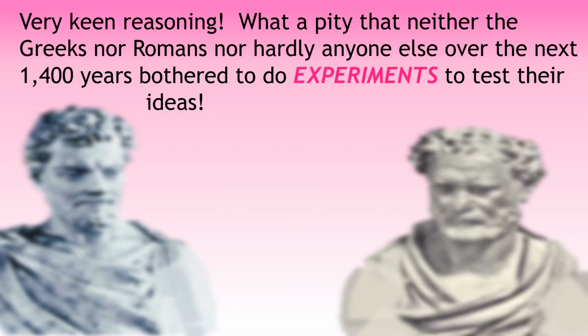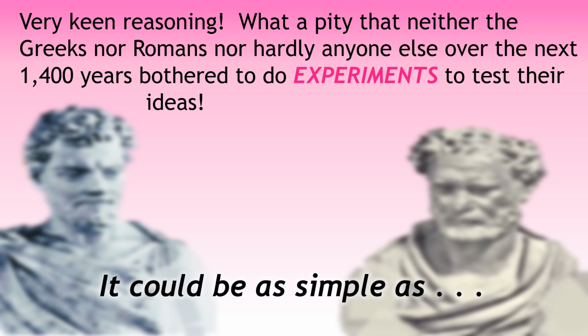So this is actually pretty keen reasoning, but neither Democritus nor Lucretius ever bothered to do anything other than report the claim and say how they reasoned it. They didn't actually do experiments to test their ideas. And it's actually not that hard to do an experiment to test the idea. It's kind of a shame that they didn't get around to it themselves.